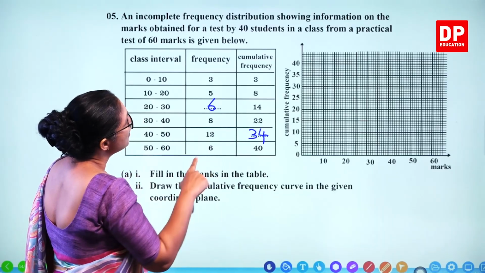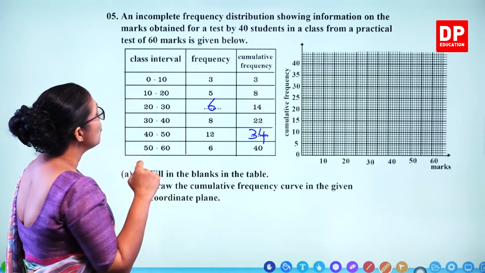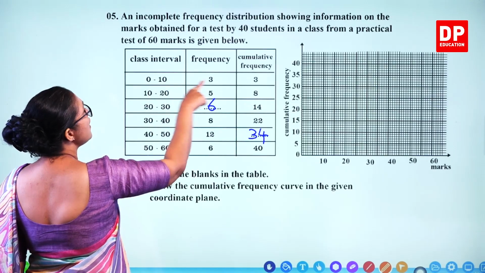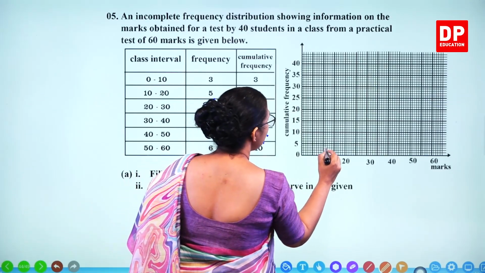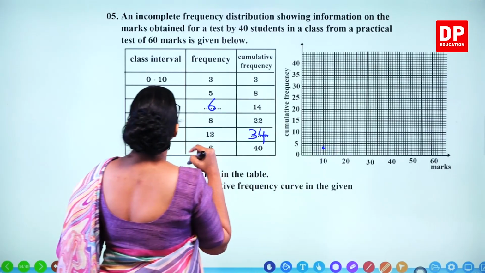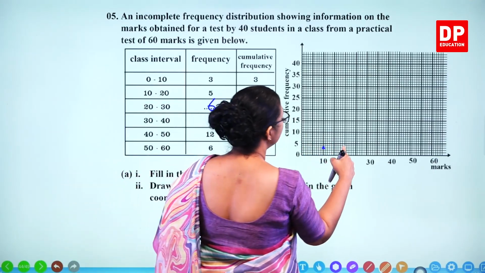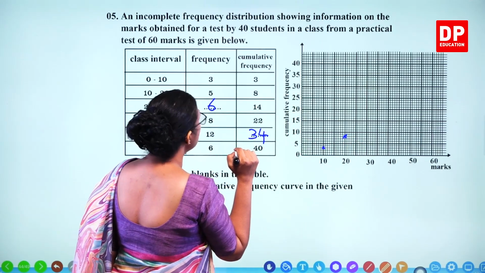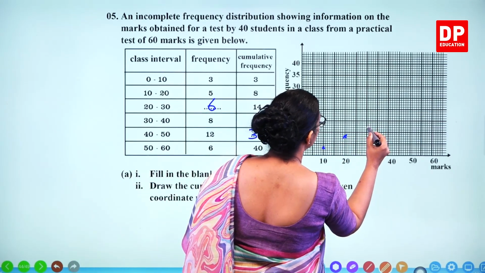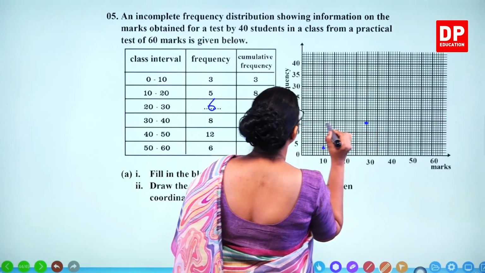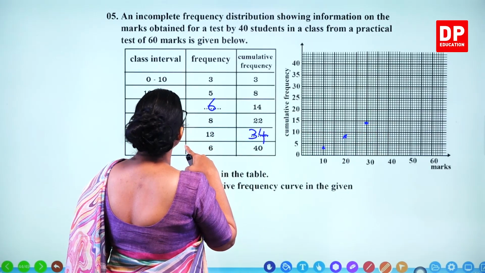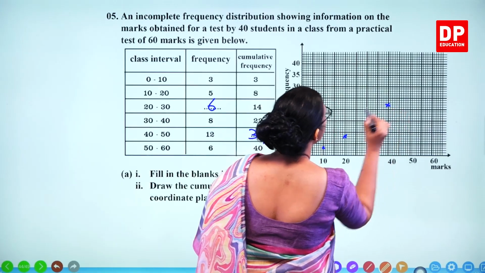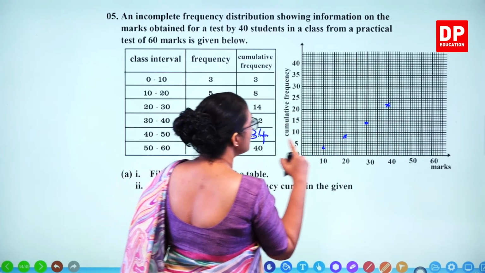So marks and cumulative frequency are given. What we do, we take the highest boundary value, 10 with 3. And then 20 with 8. 30 with 14. 40 with 22. 50 with 34.